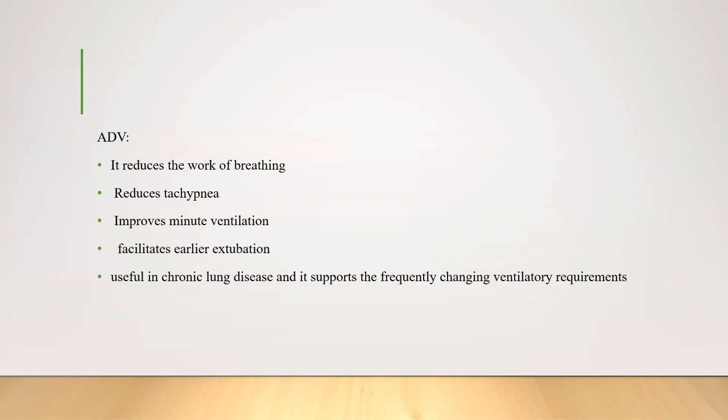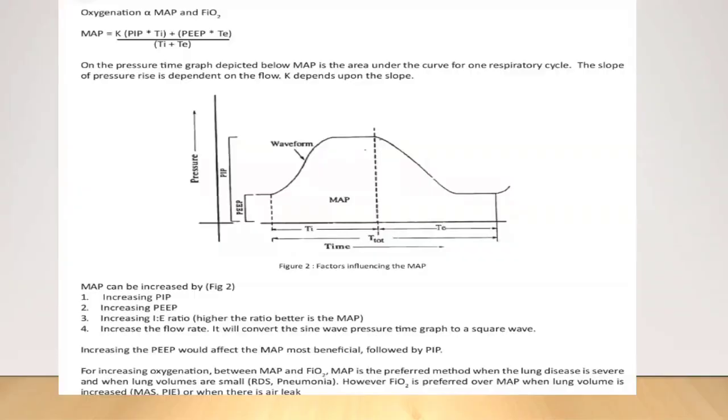So what next I would like to add on is driving force. I'll explain this. What is MAP? Mean airway pressure. What are the factors which affect MAP? It is the area under the curve for one cycle.